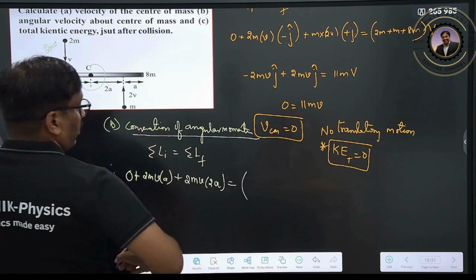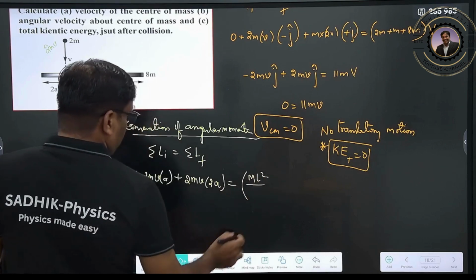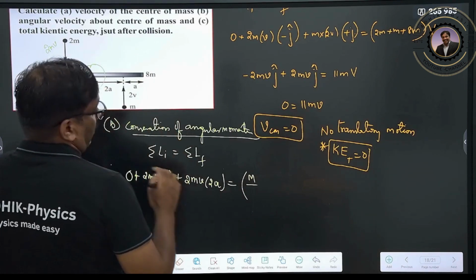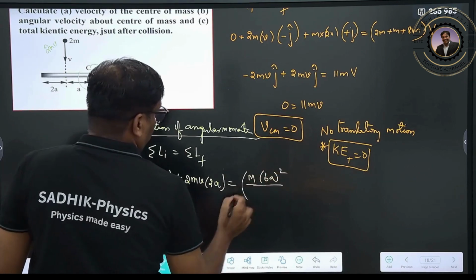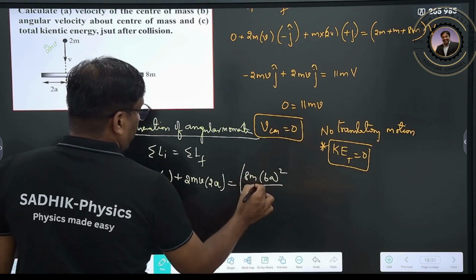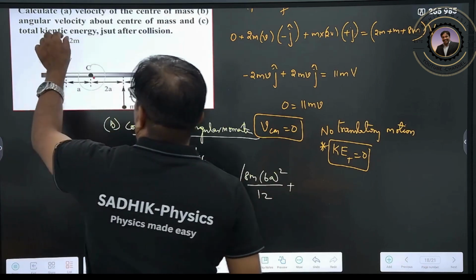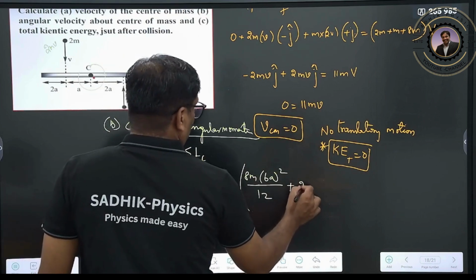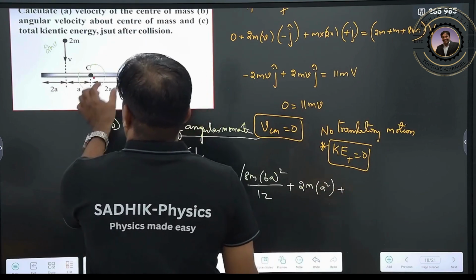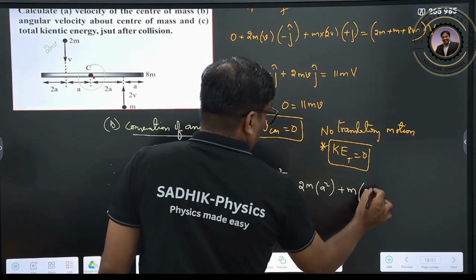The rod is rotating about its center, so the moment of inertia is ml square by 12, where L is totally 6a, whole square, and the total mass of the rod is 8m. Then 2m is stuck to it, so 2m into distance a square, plus mass m into distance 2a whole square.